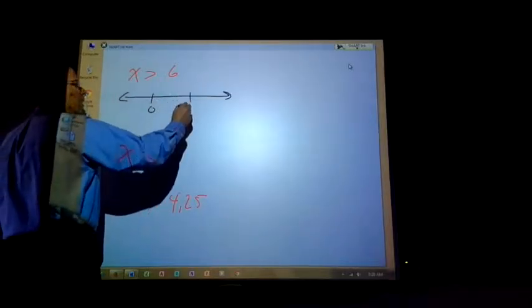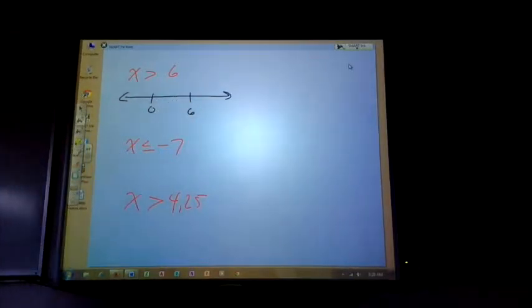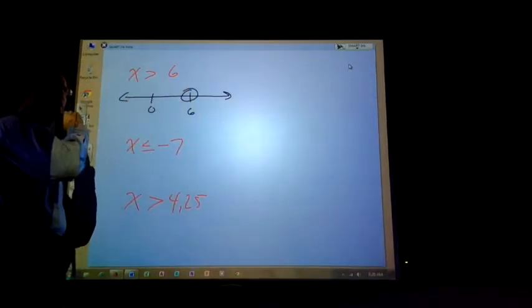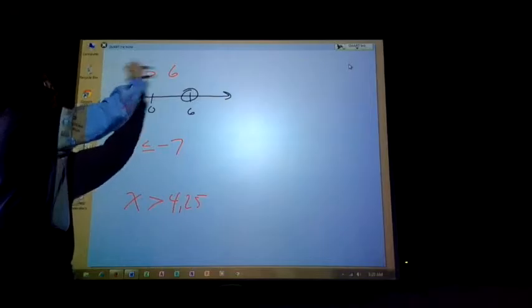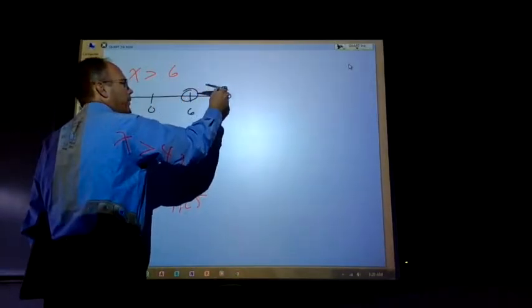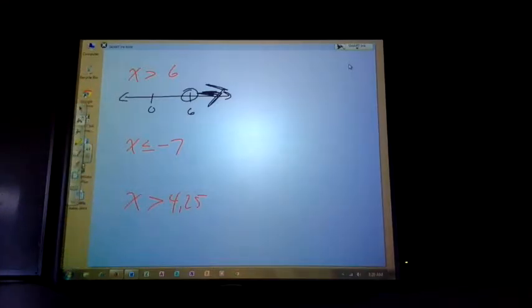So if I have 0 and I have 6, can I make that work? Open dot or closed dot? Open dot. Shading right or left, bigger or smaller? So this is pointing that way. If the x is first, it's pointing the direction we shade. So I want bigger numbers than 6. That's my way of shading.